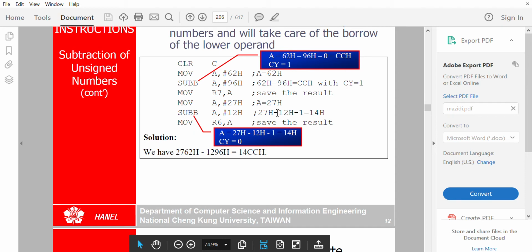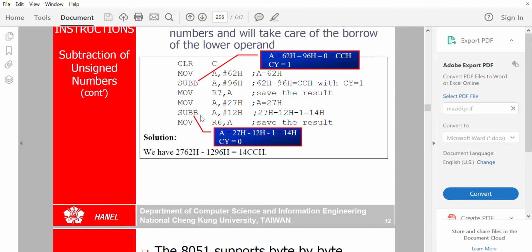So you'll have the lower order byte result in R7 and the higher order byte result in R6.